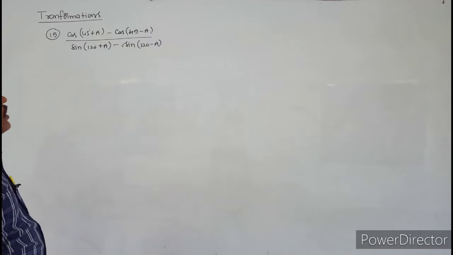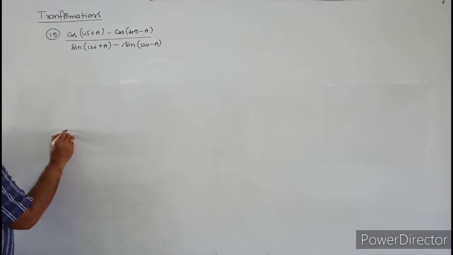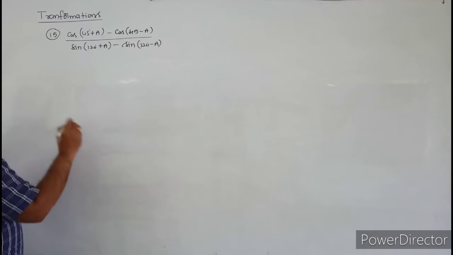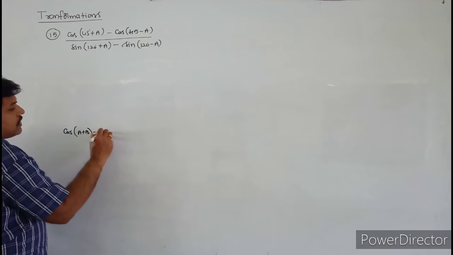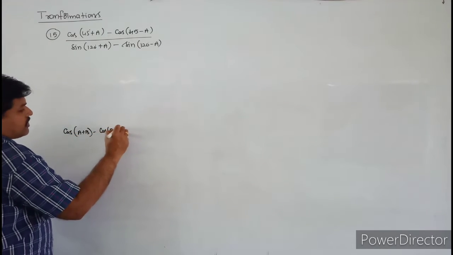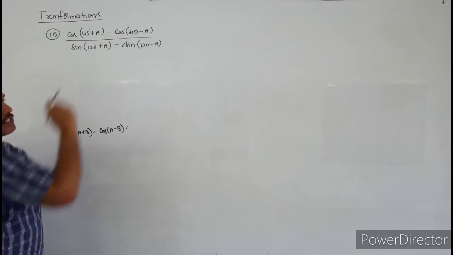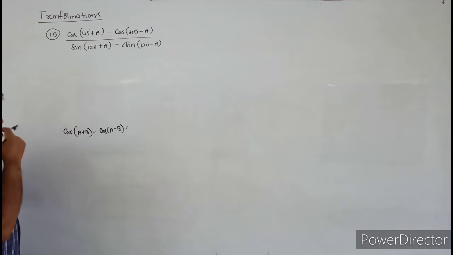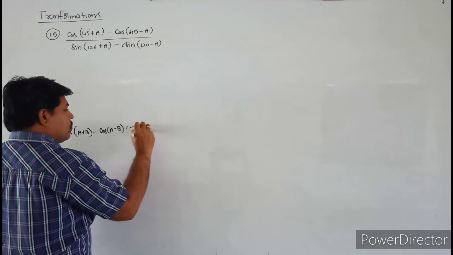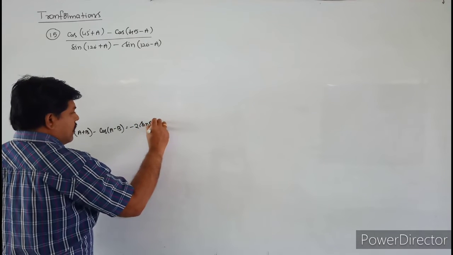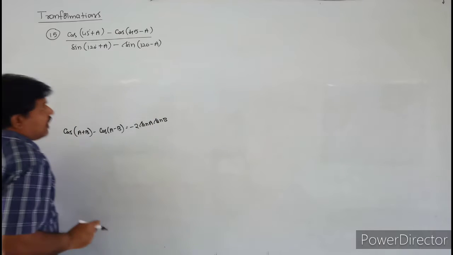Here you have two formulas. What is the first formula, students? See the numerator, cos of (a plus b) minus cos of (a minus b). What is the formula? Anyone can tell that? Minus 2 sin a sin b.